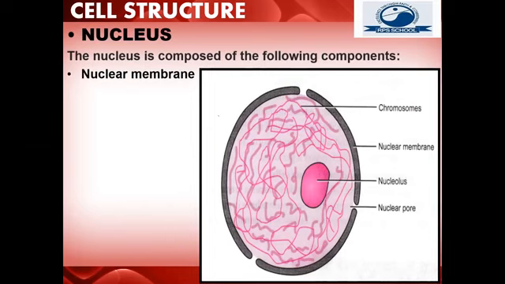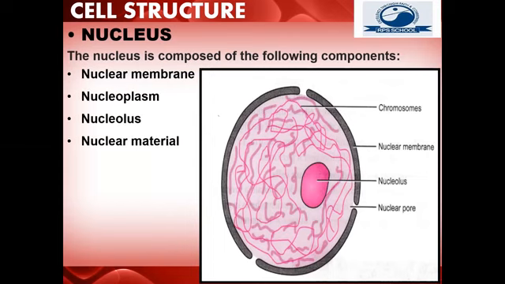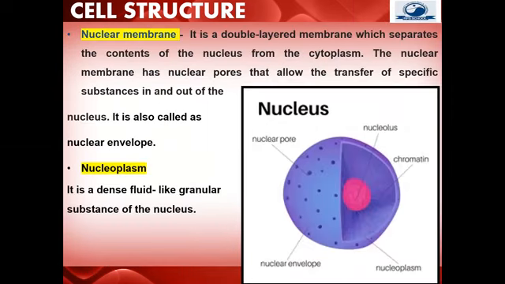The nucleus is composed of the following components: nuclear membrane, nucleoplasm, nucleolus, and nuclear material. Nuclear membrane. All eukaryotic cells that are found in plants, animals, fungi, protists have a control center called the nucleus, where genetic material like DNA is stored.